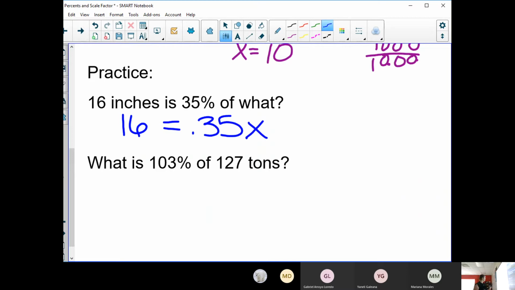All right, what about the second one? What is 103% of 127 tons? How would you write that one as an equation?